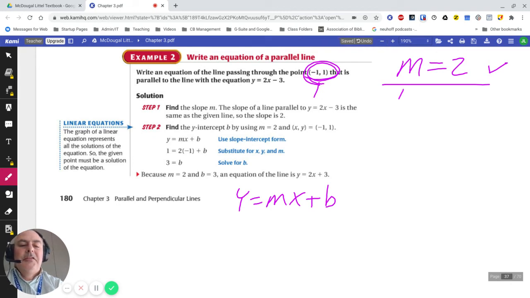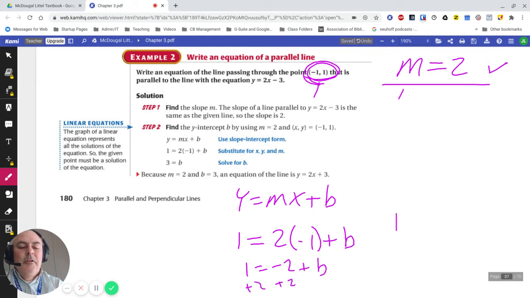I can plug this into my m, and all I'm left with is my value for b. So when I do that, y equals 1 equals, my slope is 2, x is -1, plus b. 1 equals -2 plus b. I add 2 to both sides, and I end up with b equals 3.